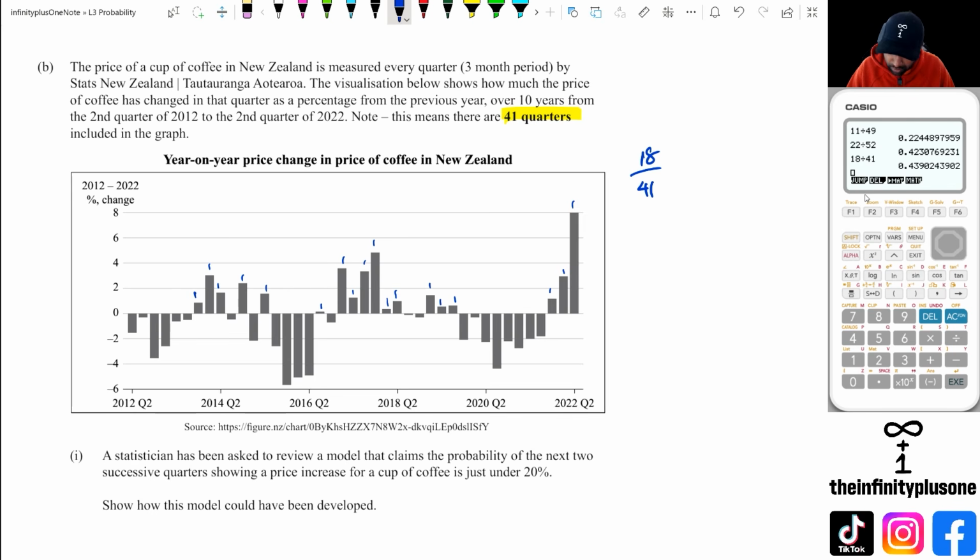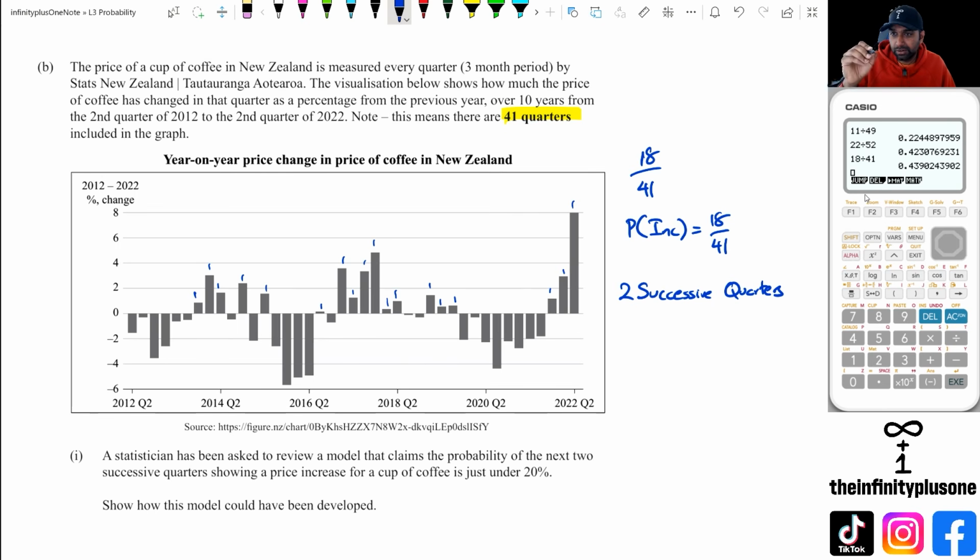This is the probability that the coffee will increase in price. So the probability of increase is 18 out of 41. If we're looking for 2 successive quarters, imagine it like a probability tree.